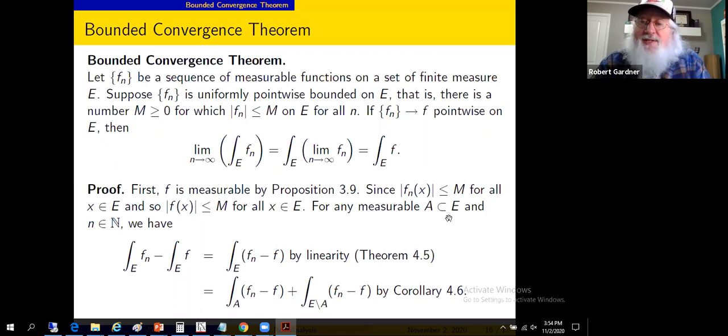No constraints on set A just yet. We'll do this in a particular way shortly. So we can break this into an integral over A plus an integral over E minus A. These are disjoint. Corollary 4.6 told us we could do that summing of integrals, that additivity, if you have disjoint sets, and A and the complement of A in E are certainly disjoint. Okay, so the difference of the integrals can be written in this particular way here.